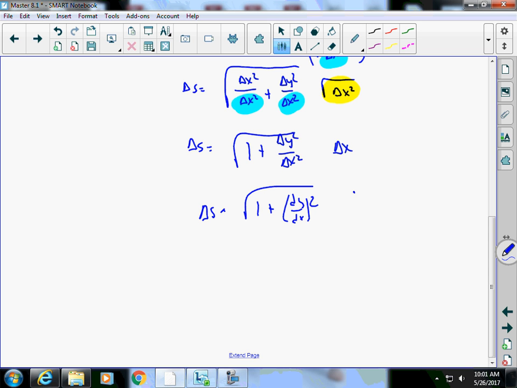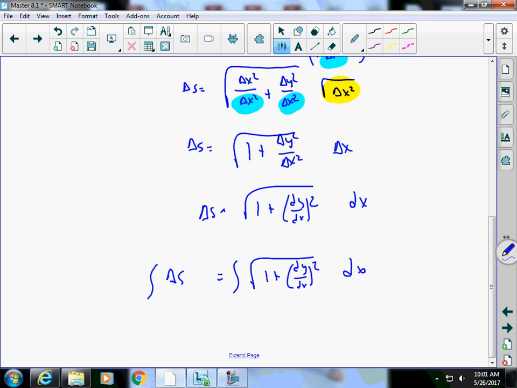Instead of delta x, I could say dx. I could sum all these up, and then I could get the integration of the square root of 1 plus dy dx quantity squared, dx. So that's how I can get my arc length.